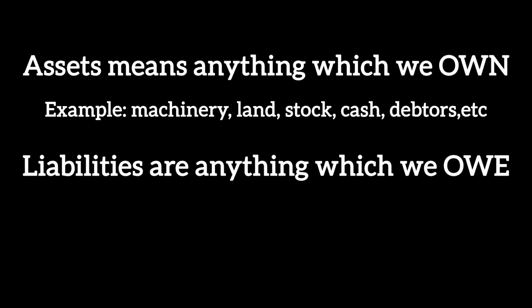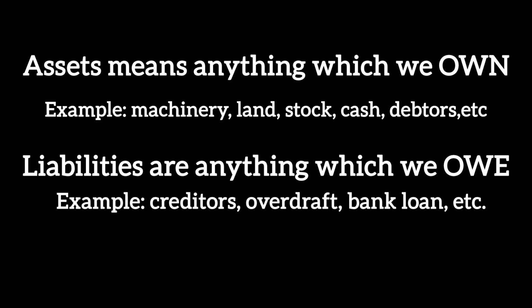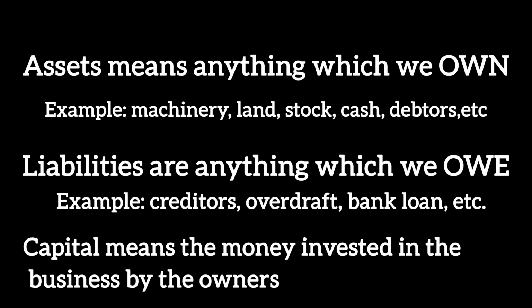Liabilities are those items where we have to pay. These are our financial obligations where we owe money to someone else, where we have to pay money to another party. And what is capital? Capital means the amount of money which is invested by the owners in the business. That sum of money is known as capital.